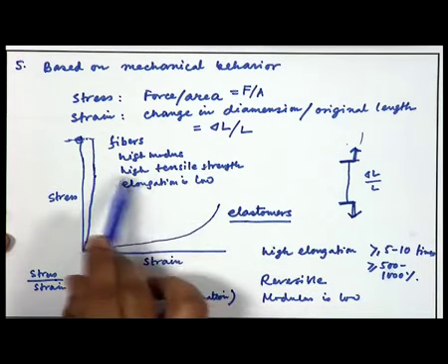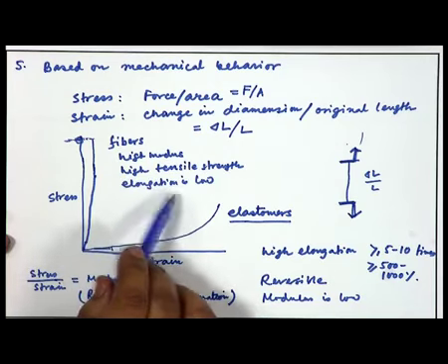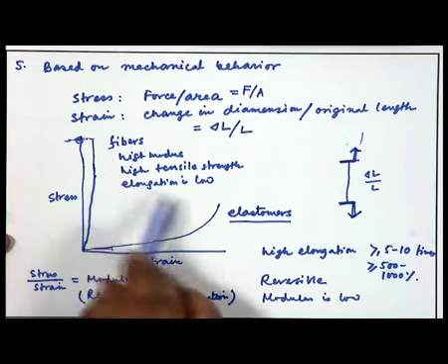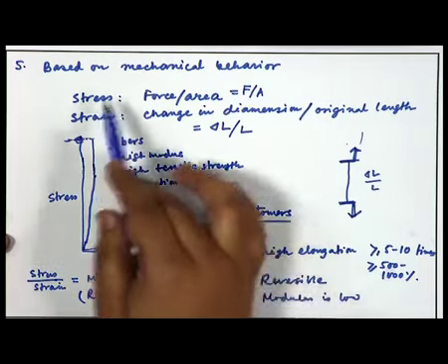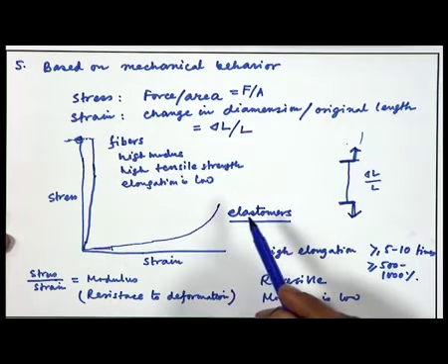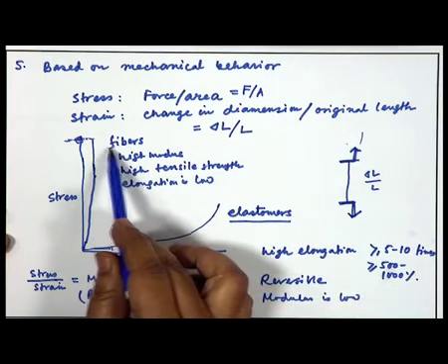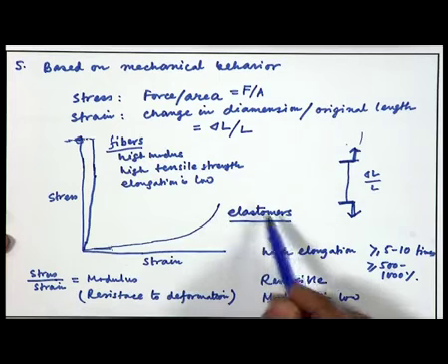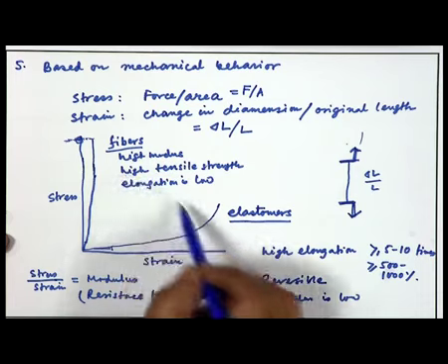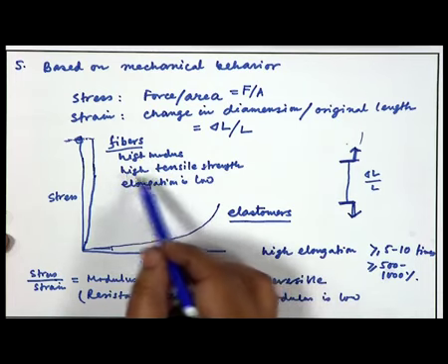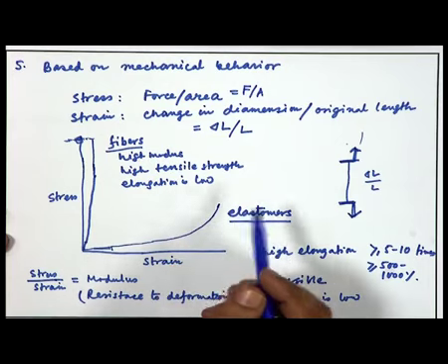So, we will have another class we will call plastics, which maybe I will take up in the next class, which will have intermediate behavior. We have almost finished the classification of polymers based on mechanical behavior. We now know fibers and elastomers, and the polymers which have in-between behavior are plastics.